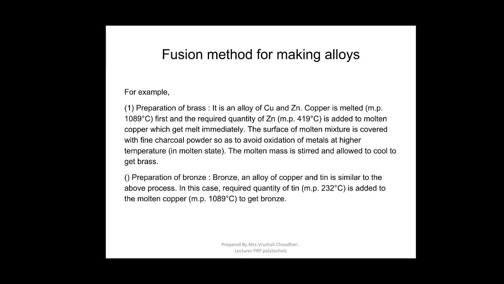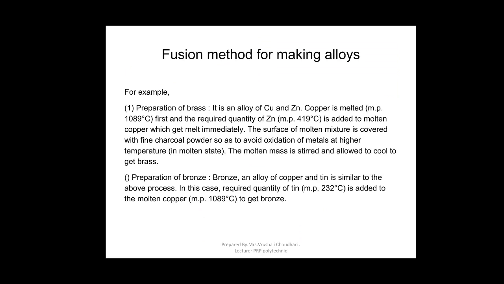First we will learn brass. What is brass? It is an alloy of copper and zinc. We first melt the copper, which has a melting point of 1089 degrees Celsius. The metal with the higher melting point is melted first.